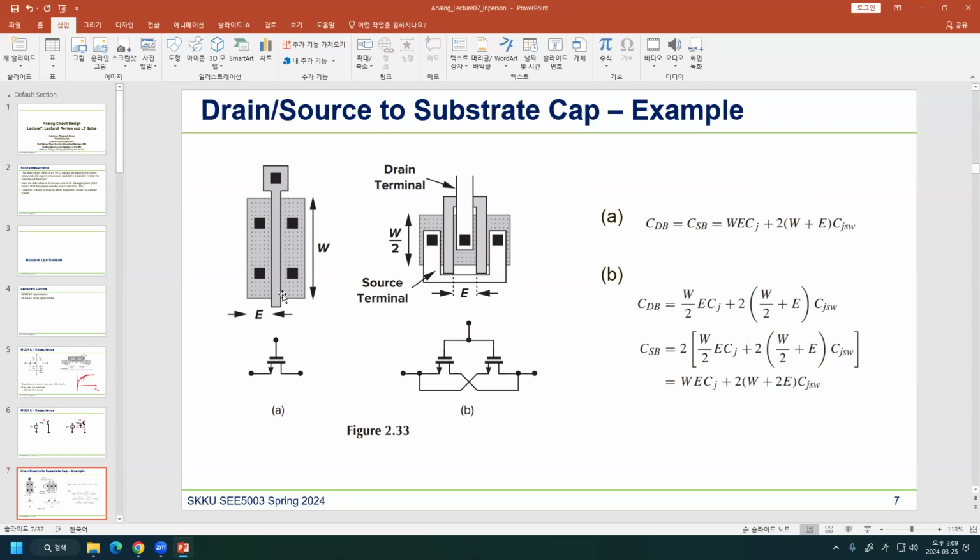They have the same W and the same L. Here it's just one single channel, but here we divide it and have two channels, so the overall width is the same, just W, but we have a different capacitance. I recommend you calculate this. This is in the textbook. Any question here?